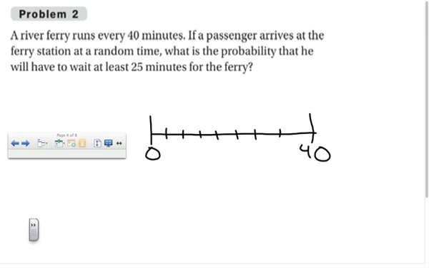I'm trying to find the probability of having to wait at least 25 minutes. So let's talk about at what point on that timeline will a passenger wait exactly 25 minutes? At what point on that timeline will he be waiting exactly 25 minutes for the next ferry? At the 15.